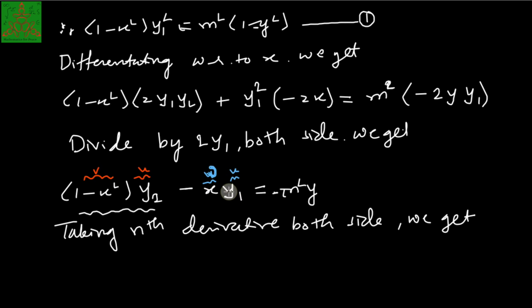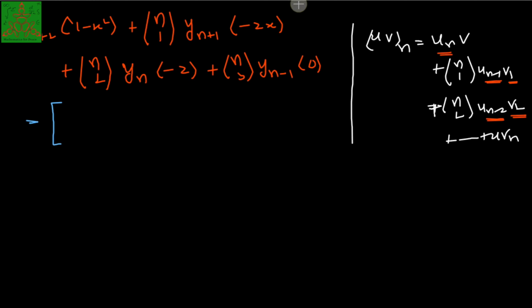The first derivative is already there, and taking the nth derivative of this gives me y(n+1), x as it is because the function v is as it is, plus nC1, one less derivative of y(n+1), which is yn.